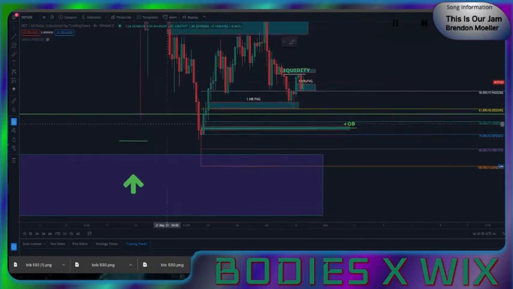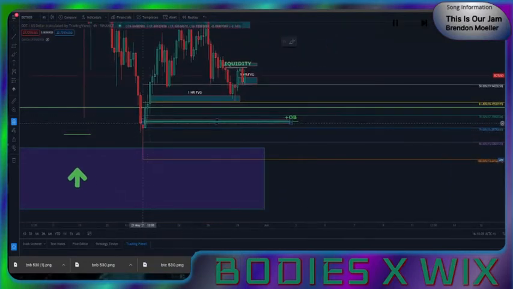Even though it looks like a big long tail, it still has quite a bit of body volume, enough that as soon as it switches over to the green candle, there's no wick whatsoever. It just takes off and goes up.